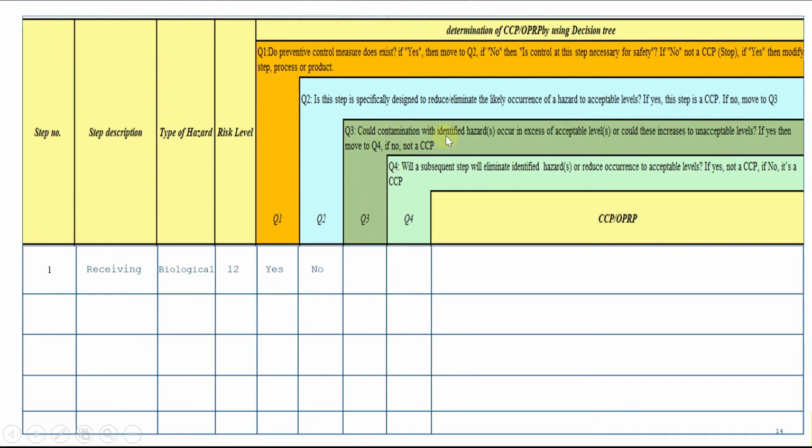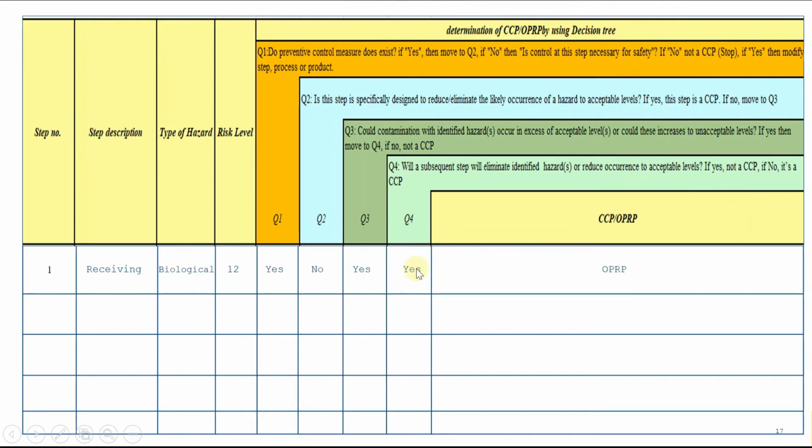If no, then you move to question 3. Question 3 is: could contamination with identified hazards occur in excess of acceptable levels, or could these increase to unacceptable levels? The answer is yes. If the answer is yes, then move to question 4. Will a subsequent step eliminate the identified hazard or reduce its occurrence to an acceptable level? If yes, then it's not a CCP. Then what is it? It is an OPRP.